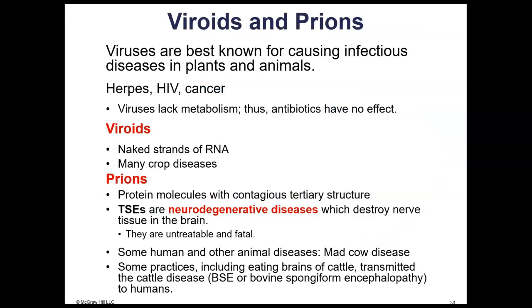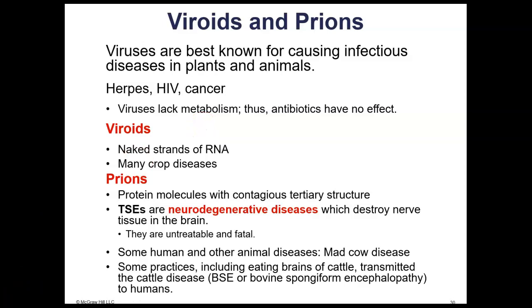All right. We also in this chapter need to understand some things that are not viruses, but they're similar to viruses in the fact that they are not living things, but they cause disease. So viruses are really best known for causing disease in plants and animals, herpes, HIV, cancer.